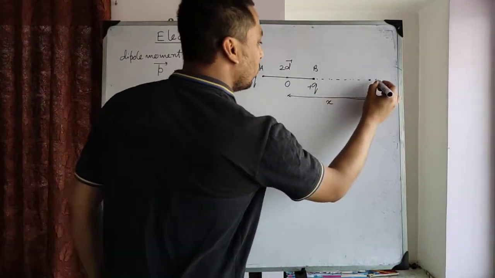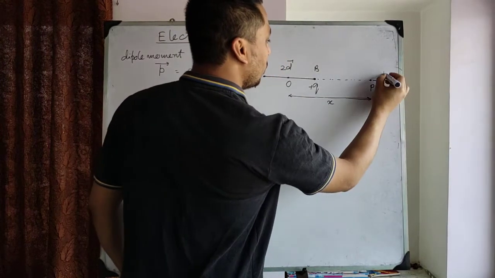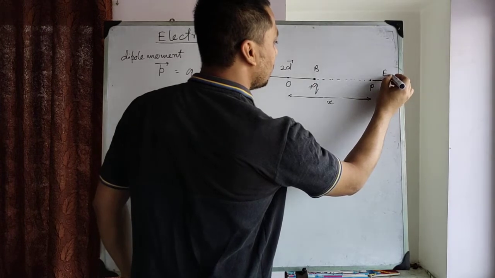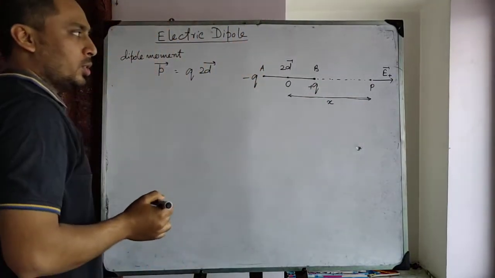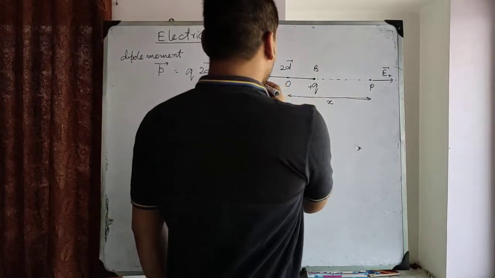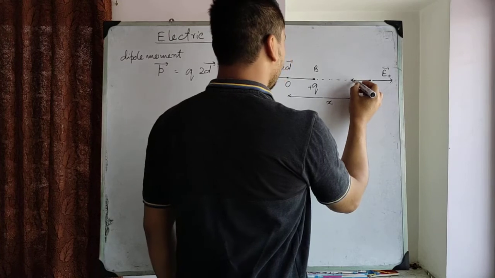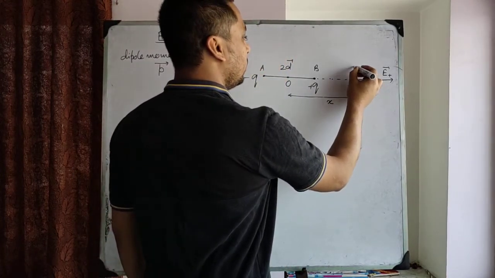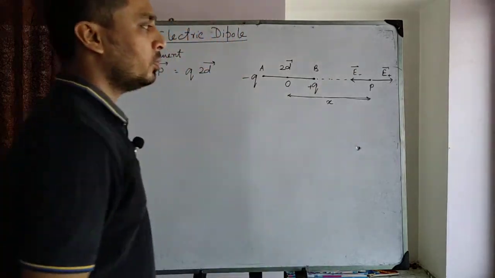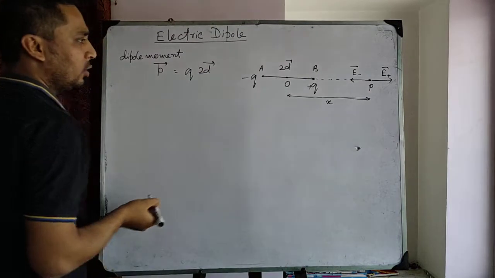Now this plus q will repel this 1 coulomb charge in this direction. So this is E plus, the electric field due to the plus q charge. And this minus q will attract it in this direction. So this is E minus. Now what is the value of E plus?